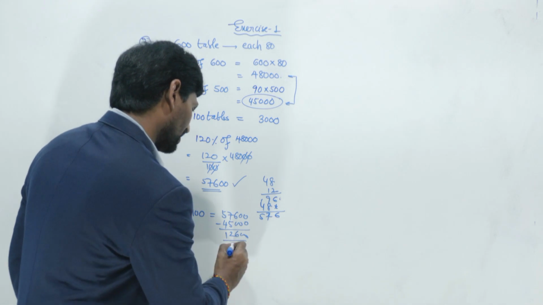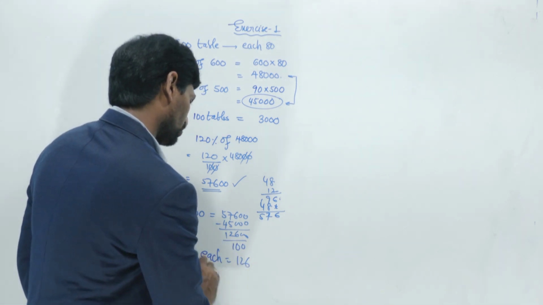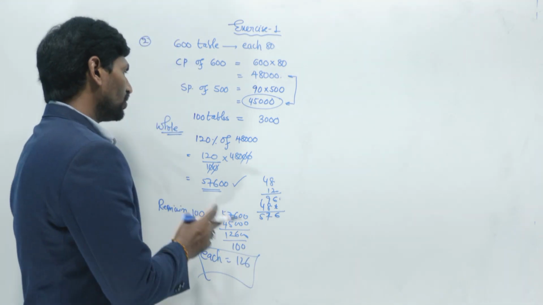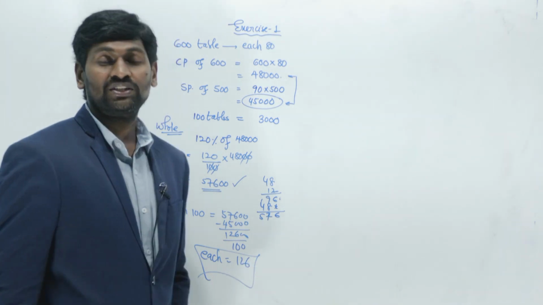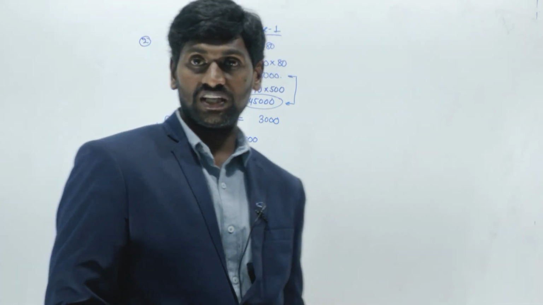Divided by 100, each table costs 126 rupees. So for the remaining 100 tables, to get 20% on the whole transaction, he has to sell each one for 126 rupees. Let us go for the third problem.